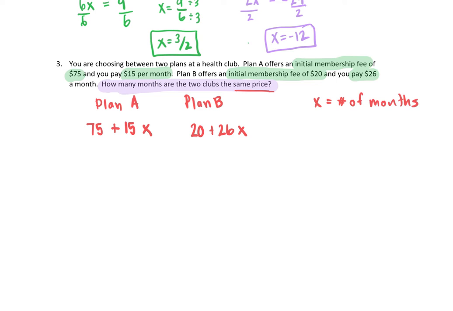We want to find after how many months these two are the same, which means we just set them equal to each other and we solve. So I'm going to solve this equation by subtracting the 20 over to the left side and subtracting the 15 over to the right side. And if I divide by 11, we get 5 equals x.